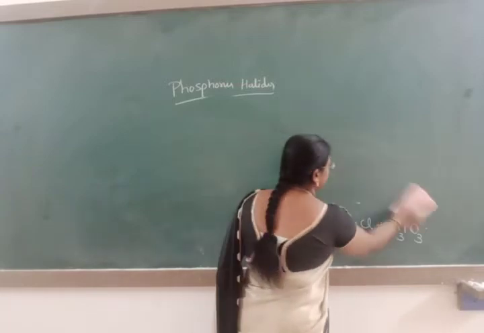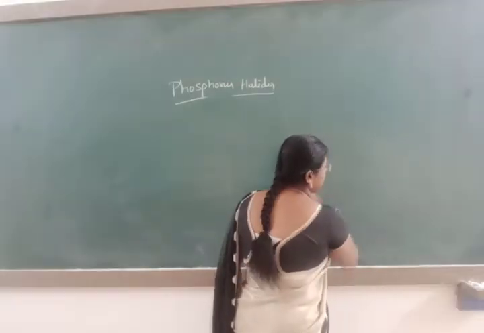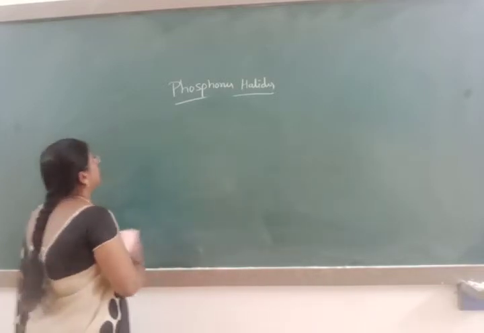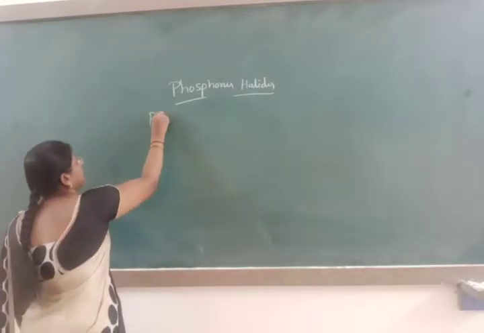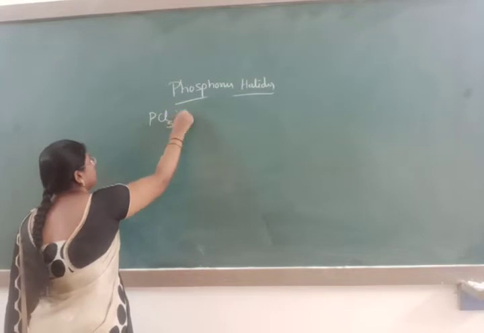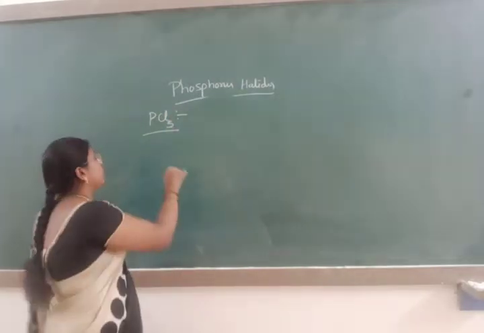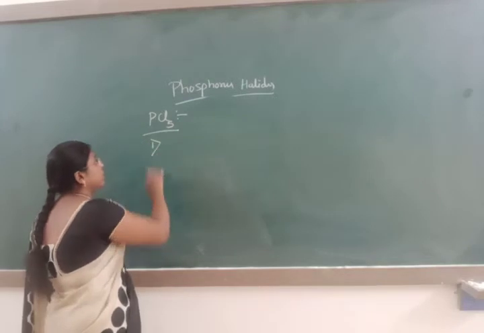After PCl3, next comes PCl5, phosphorus pentachloride. Laboratory methods of preparation of phosphorus pentachloride.